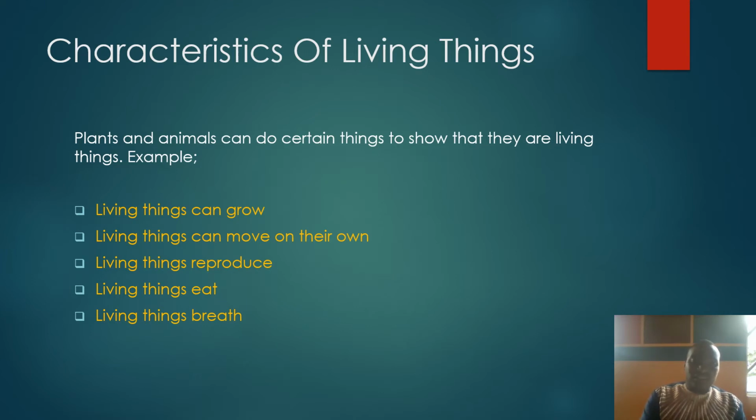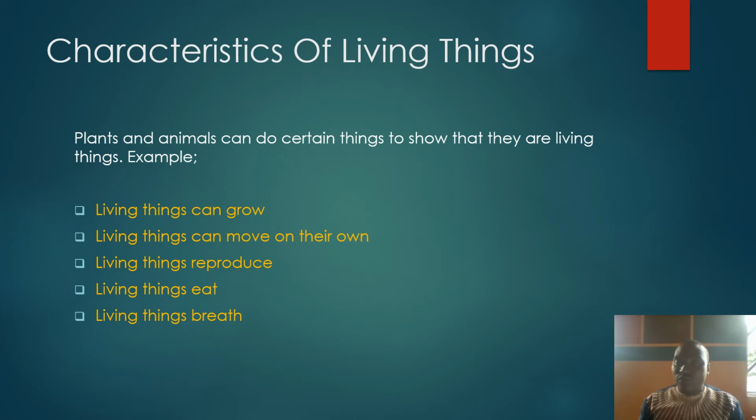Living things can move on their own. Living things like animals move in different ways. Animals use different parts of their bodies to move. Some animals, such as lions, use their limbs to walk or run, just like we human beings who are also living things.